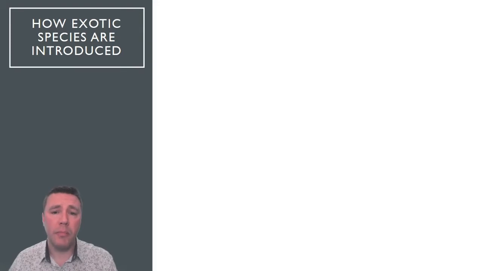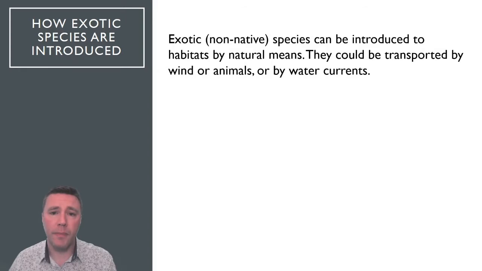Non-native species may be transported and introduced to new habitats by a number of means. It may occur naturally, say, for example, by animals carrying seeds, or by wind or water currents transporting organisms from one place to another.